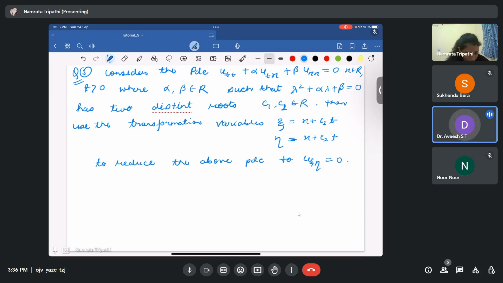Ma'am, is it the normal equation? Yes, you have to reduce into the normal equation using the transformation. So, how to reduce?